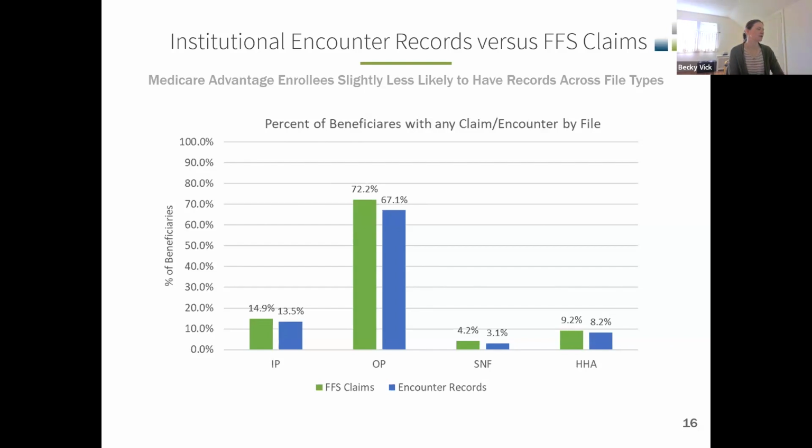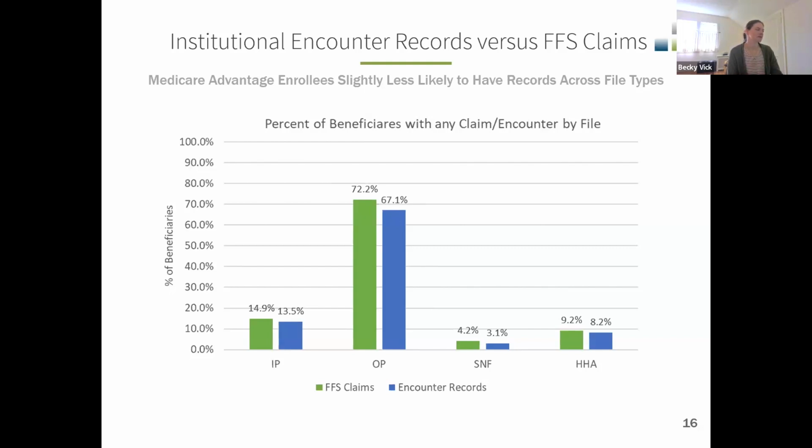For the fee-for-service population, almost 14.9% had at least one inpatient record, compared to 13.5% for Medicare Advantage. So in the same ballpark, a little lower for Medicare Advantage.